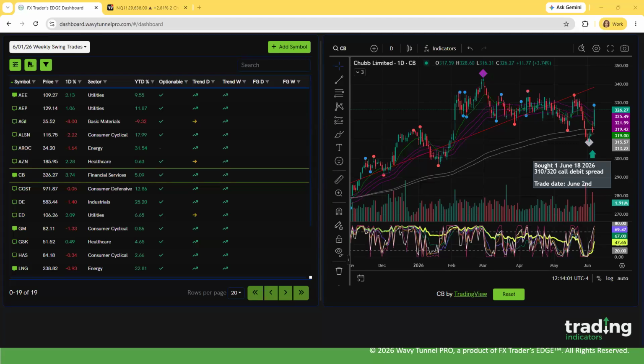I have a $100,000 account and I'm taking these trades in a simulated account so that I can keep them separate from my portfolio. So I've decided to do $10,000 worth of stock. For GM, since the price is 82, I bought 120 shares.